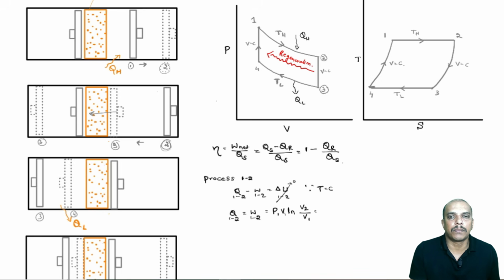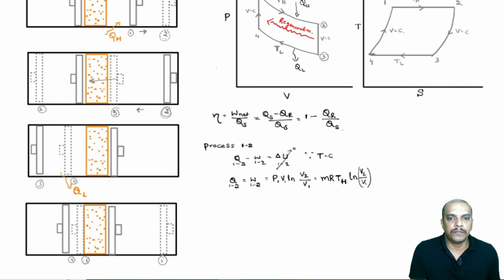However, I would like to represent it in terms of temperature. So, I will say PV is equal to mRT. In place of PV, I will write mRT, and the temperature at which we are operating is TH, and ln of V2 by V1.